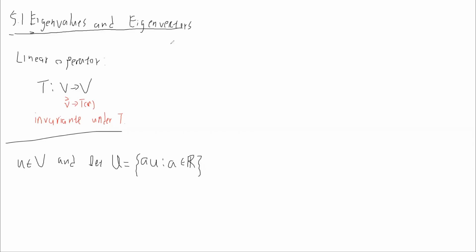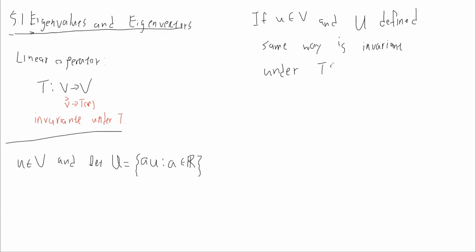Let's keep going. If u is in V and capital U, defined the same way, is invariant under some map T that sends V to V, then we can say that T u must be in capital U. Let's stop here and take a look at what we're saying.